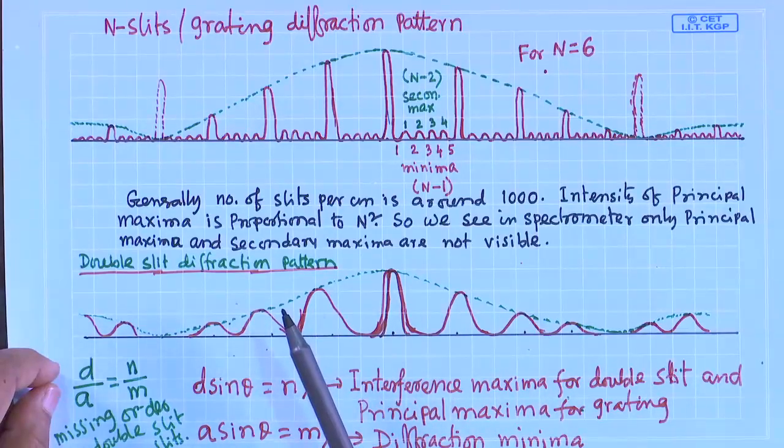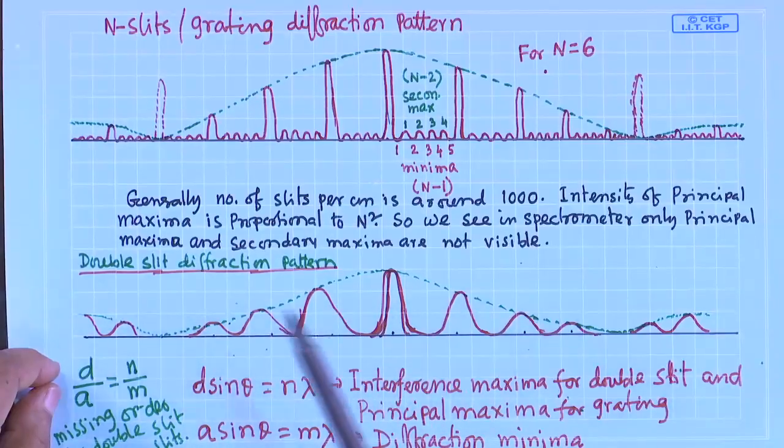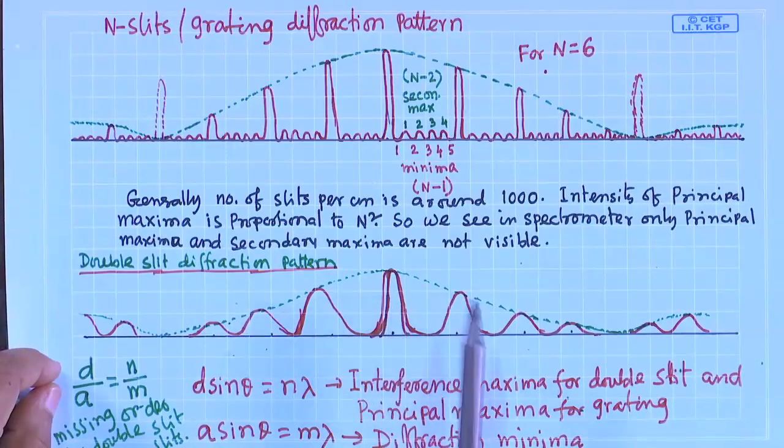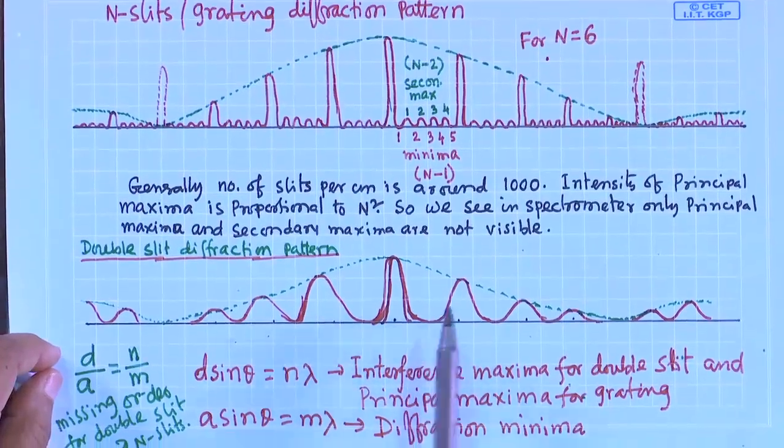It is similar to the double slit experiment, and we will see a similar pattern. The only difference is that here these are the principal maxima, whereas there the interference maximum and minimum were present. Here we get principal maxima, and in between there are many maxima and minima that we may not be able to see.